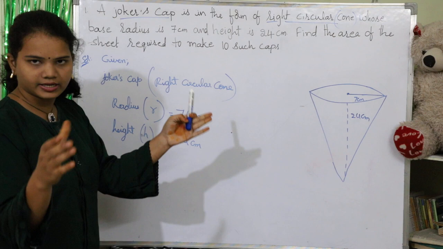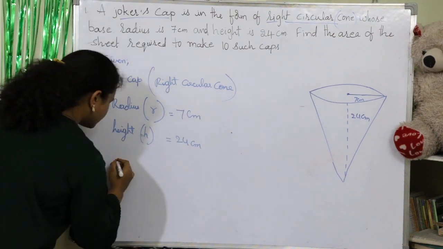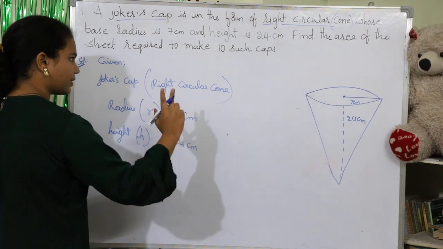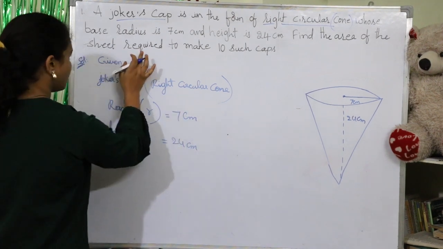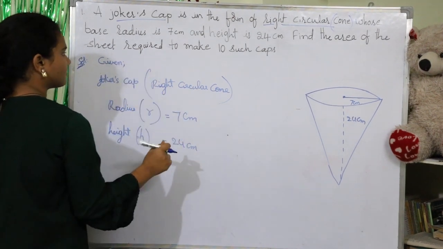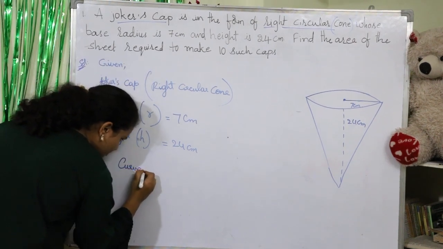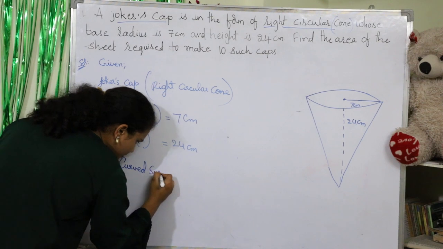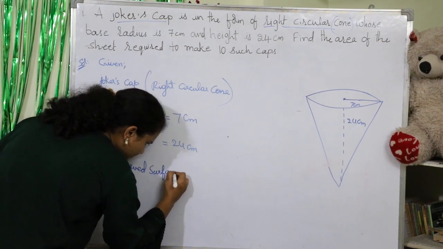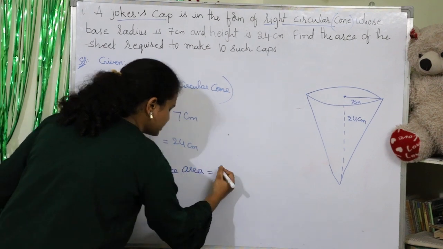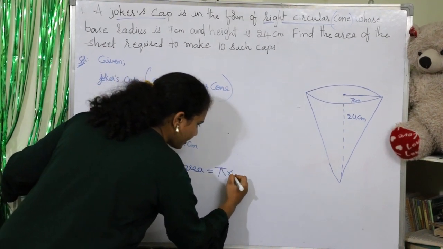CSA means the outer area. So let's use the curved surface area of the cone to find the sheet required to make one joker cap. The curved surface area of a cone is pi r l.